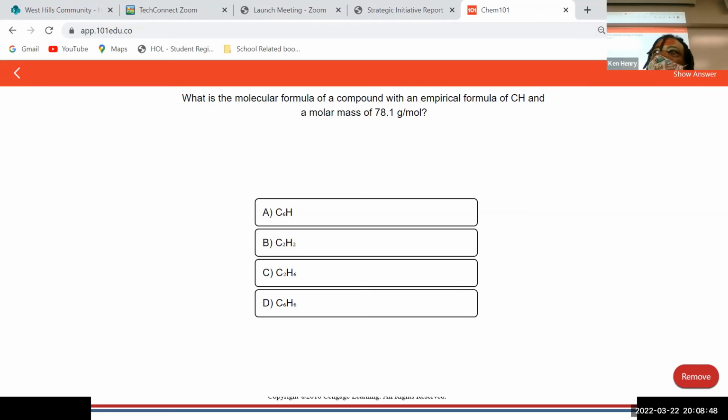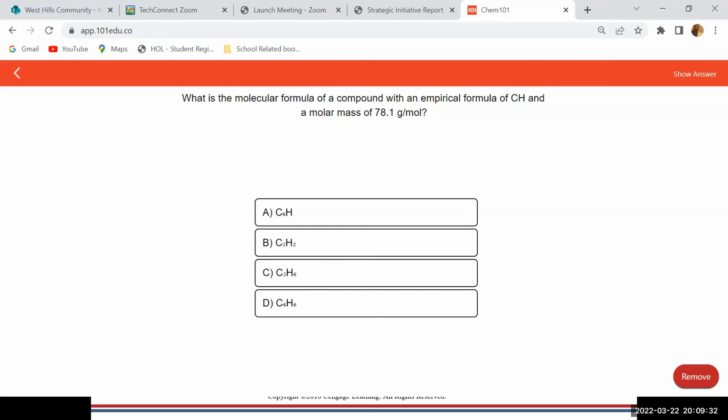It says, what is the molecular formula of a compound with an empirical formula of CH and a molar mass of 78.1 grams per mole? Okay, so what do I need to do?